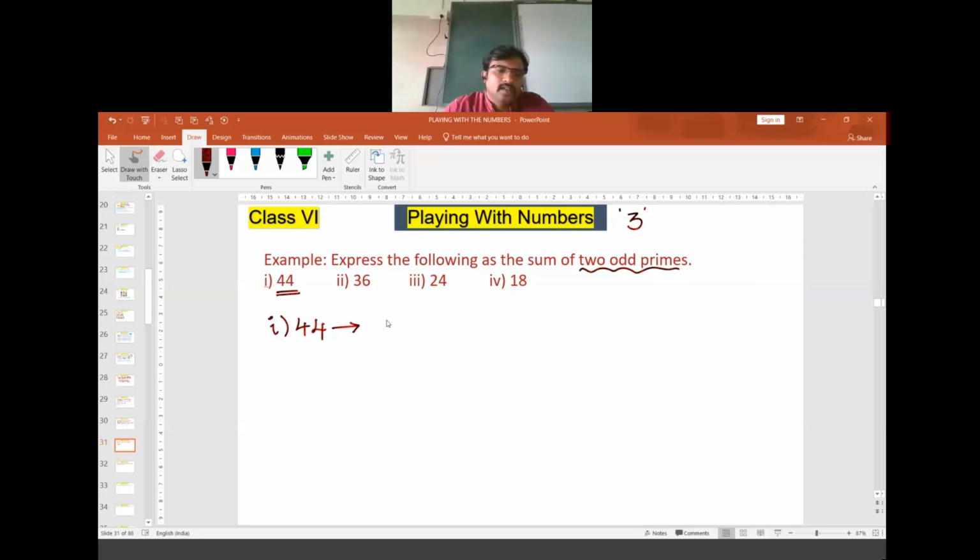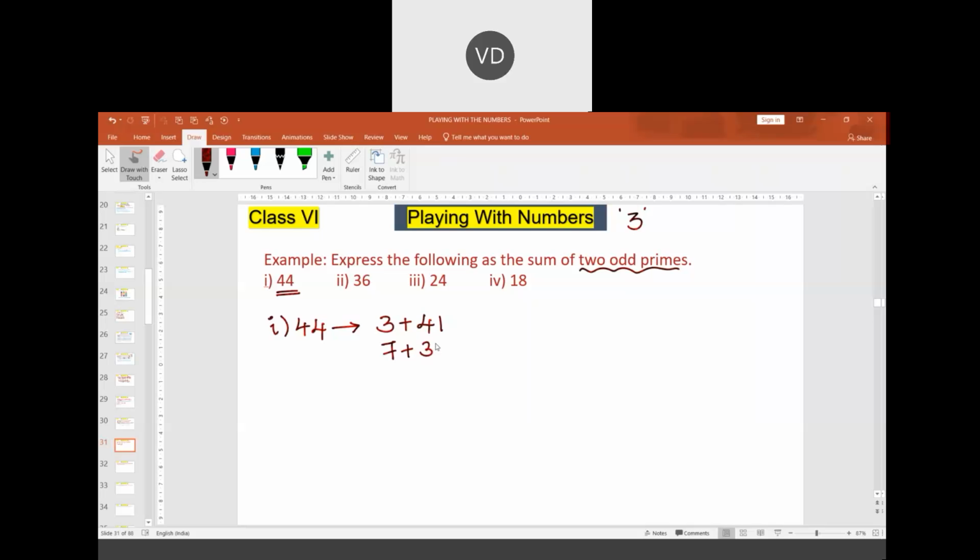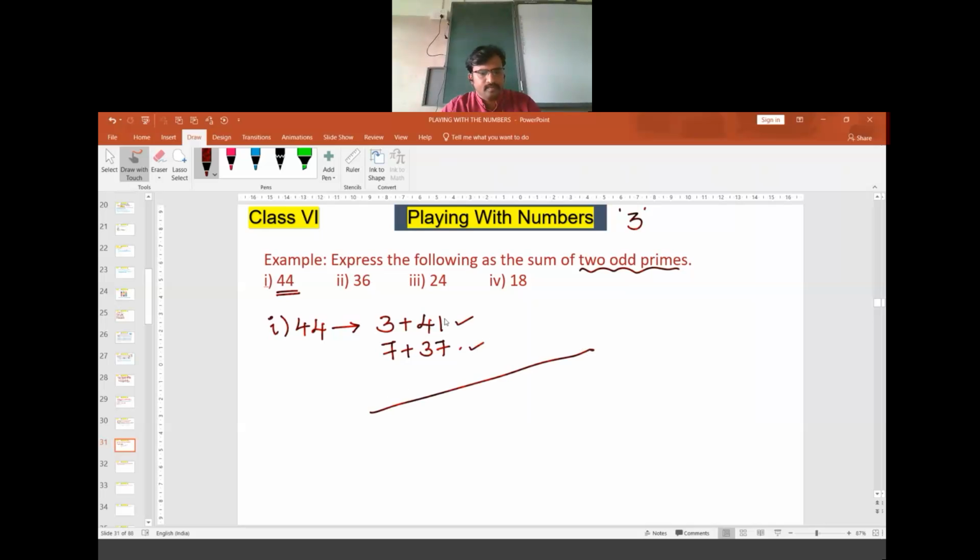13. Some of your friends are saying 3 and 41. 41 plus 3. If I consider 3 and 37, still the sum is 44. Yes, both these answers are correct. 43 plus 1, sir?